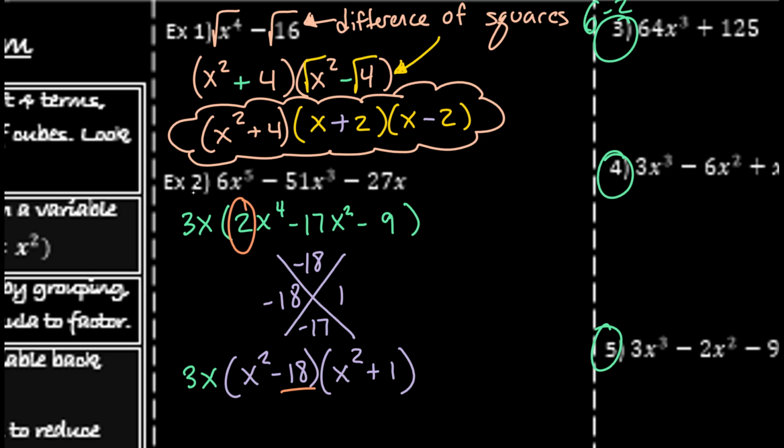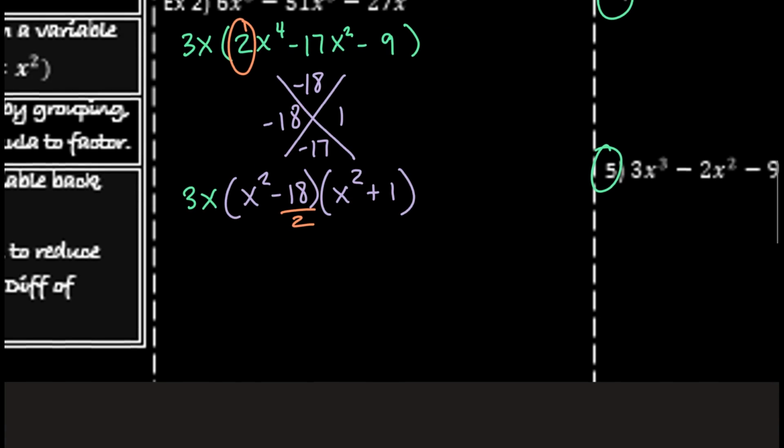So I'm dividing both by 2. Does 18 divided by 2 come out even? Yes. What is it? You're right. What is it? Does 1 divide 2 evenly? No. So what should I do with that 2? Kick it to the front.